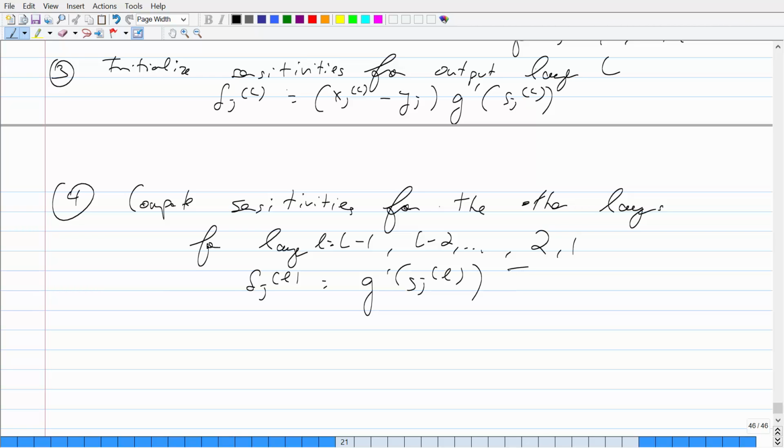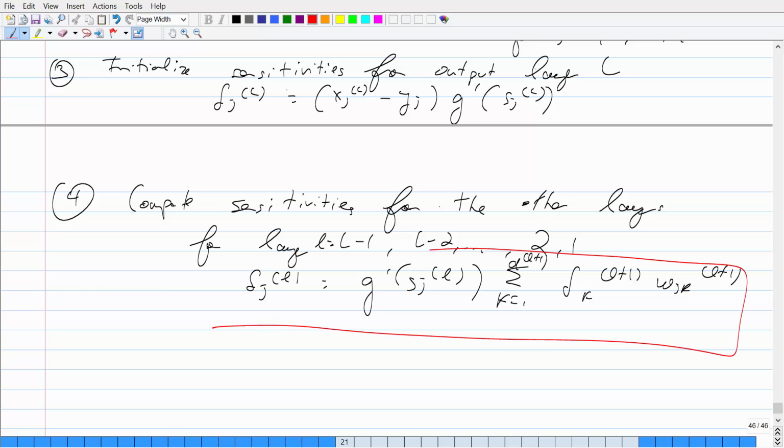Okay, so those are the sensitivities there, okay, and then finally compute the gradients.